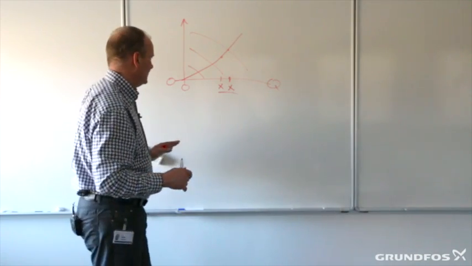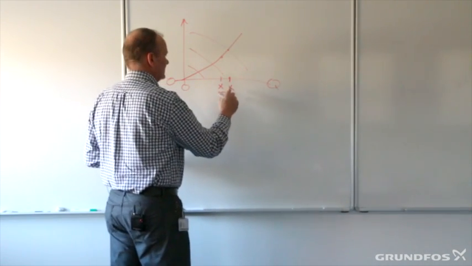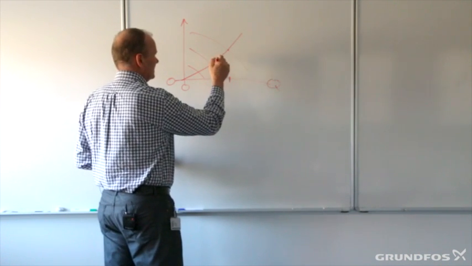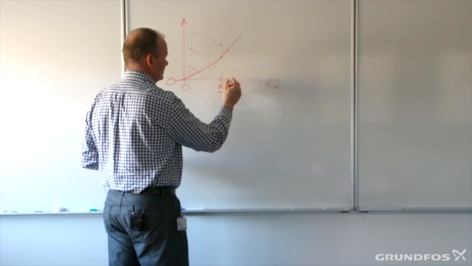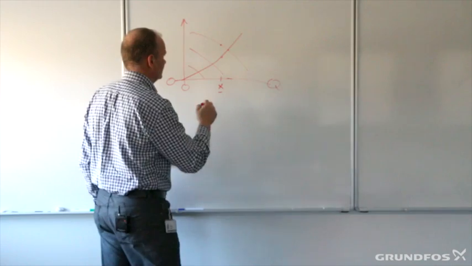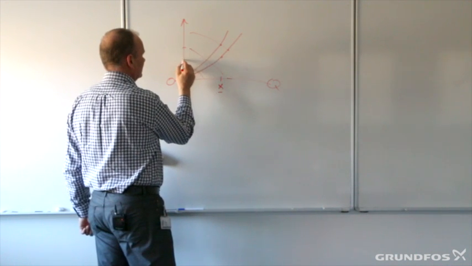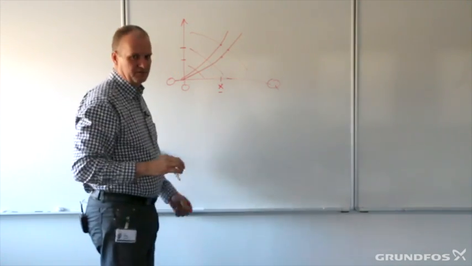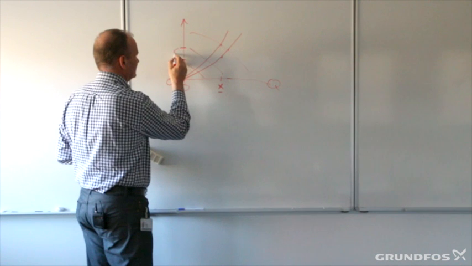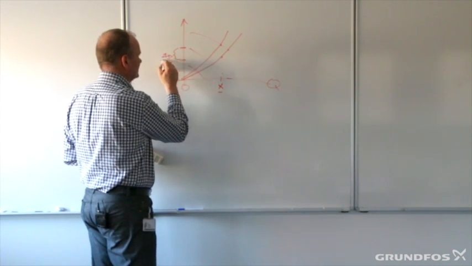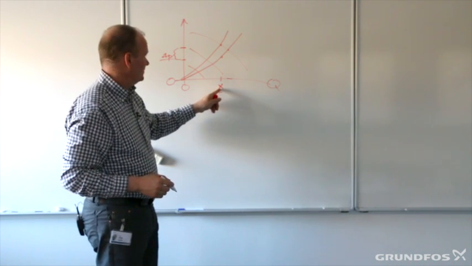So in order to avoid that, what has been a practice in the industry for years is to secure that we are not delivering more flow than what is intended here. So that means that we are increasing the pressure loss in the system by throttling a valve, so we meet exactly this duty point here.